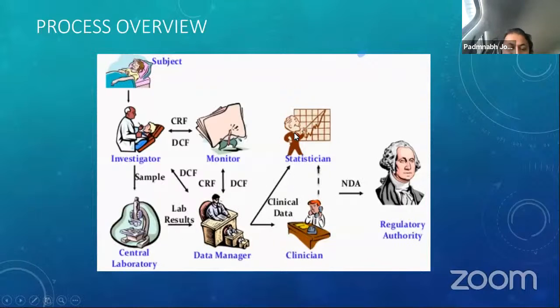At the end of the day, this data is fed to a person called a statistician. I'm sure each one of us has gone through statistical analysis tools and techniques while doing mathematics as one of our subjects, maybe as preliminary information. These statisticians look at the data and compare it with the protocol-defined requirements of various objectives that we initially jotted down while we started working on the study.